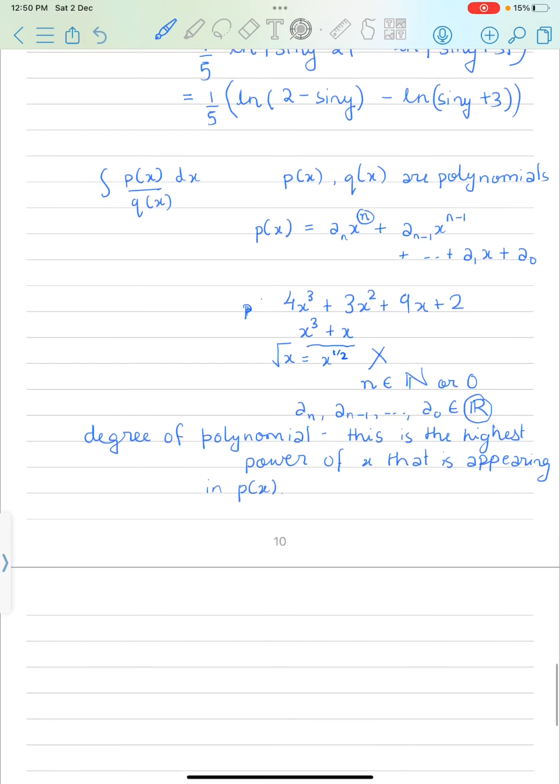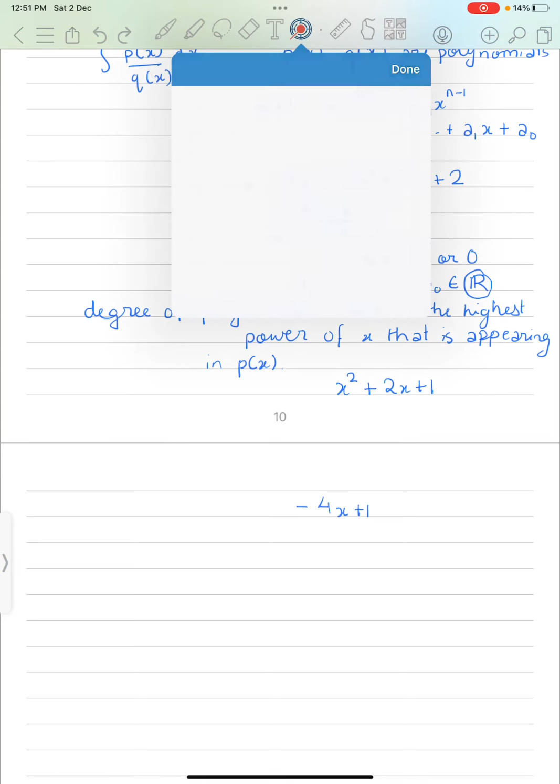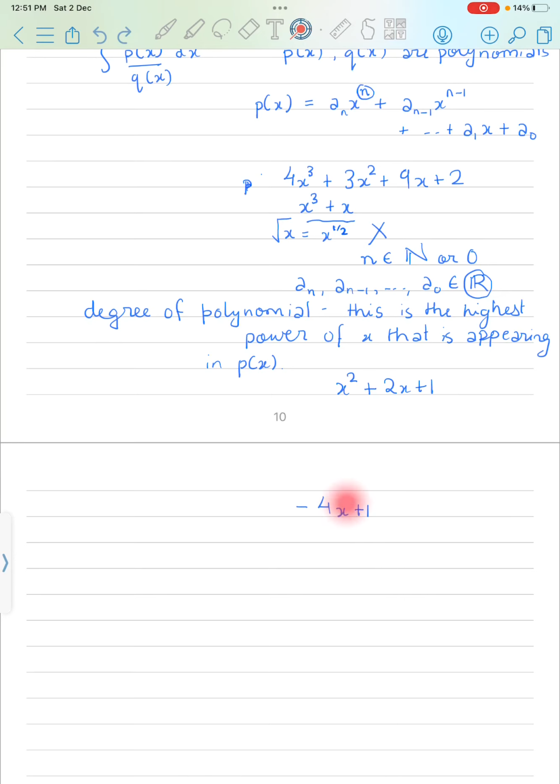In the earlier examples the highest power appearing is 3. Suppose this is our polynomial, then the highest power of x is 2. Similarly, you can also write minus 4x plus 1. Here the highest power is 1, so the degree is 1.